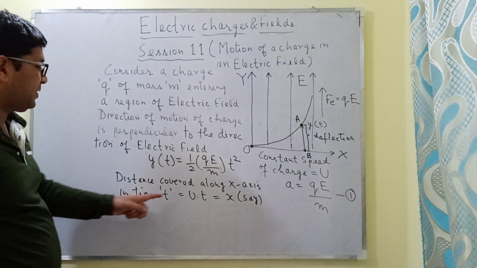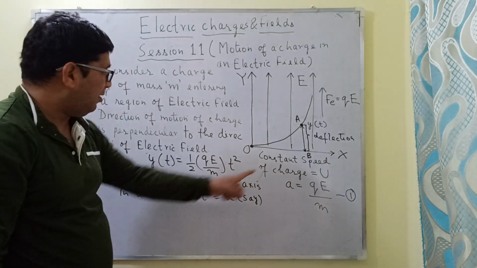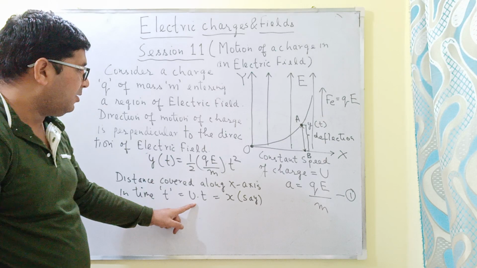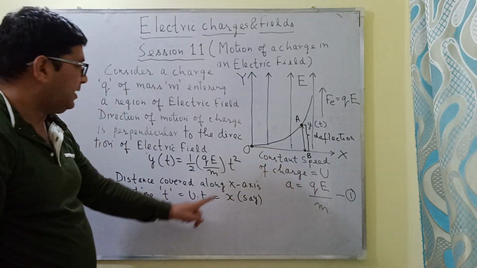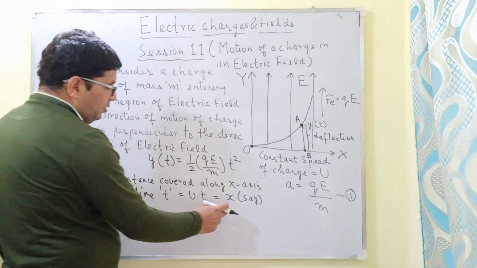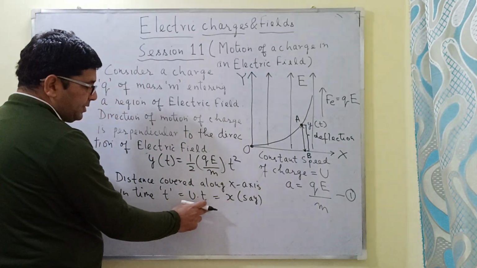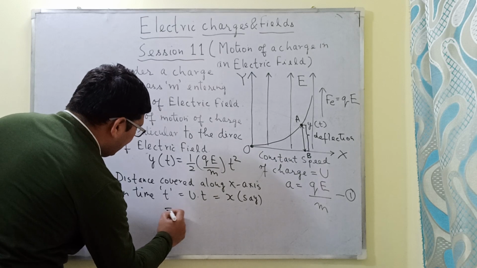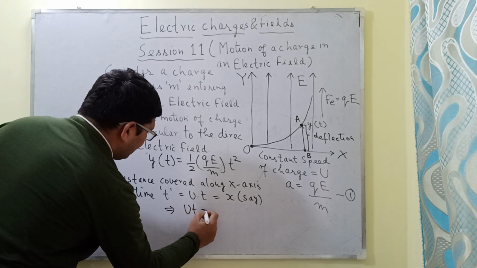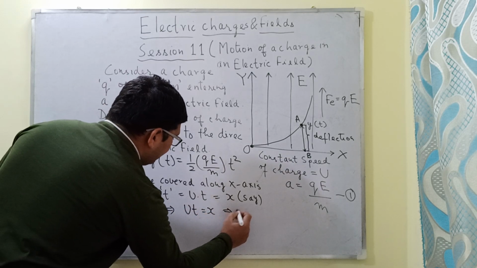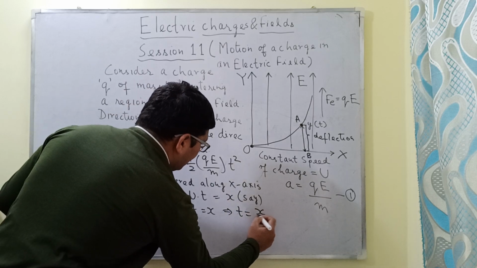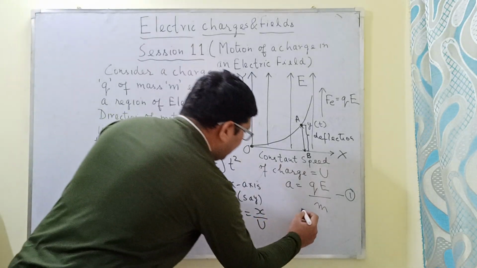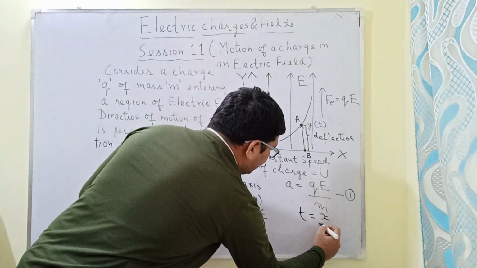This is the distance covered by this charge along the x-axis in time t, where u is the constant speed and t is the time. So ut is equal to x, which implies that t will be equal to x upon u.